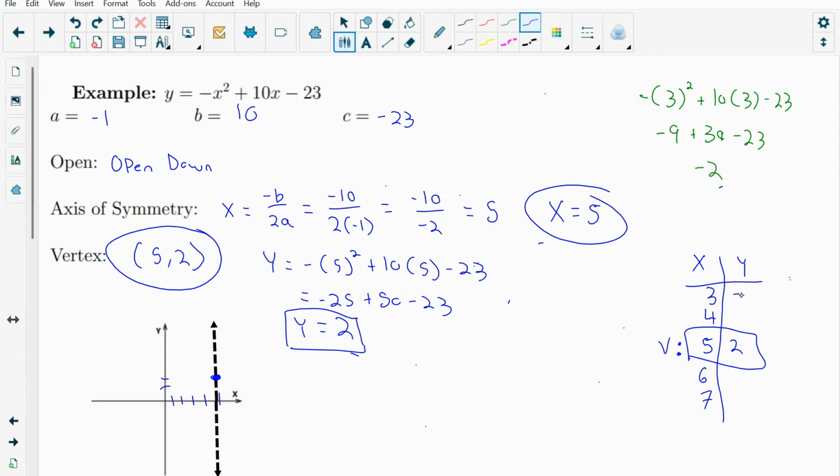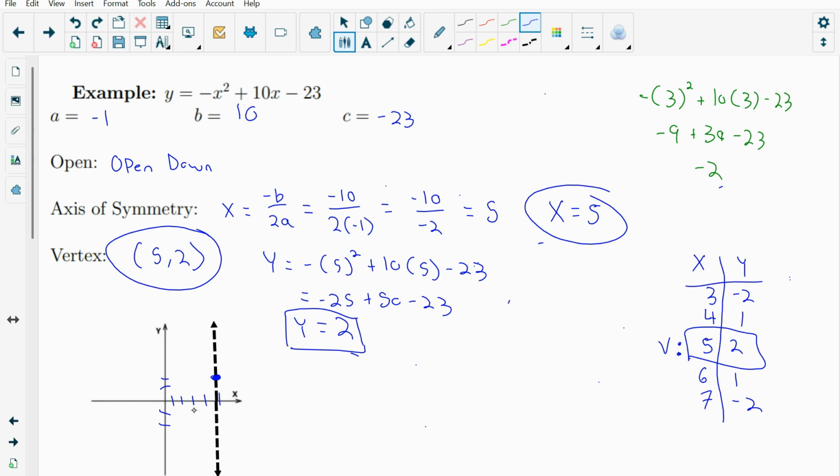So at 3, I'm going to have negative 2, and I know that's going to be the same at 7. For 4, I would have negative 16 plus 40 minus 23, which is just going to give me 1, and then I have 2.